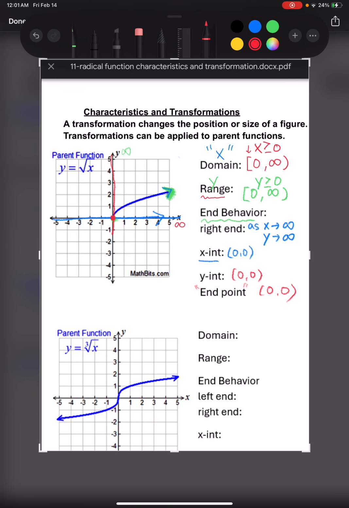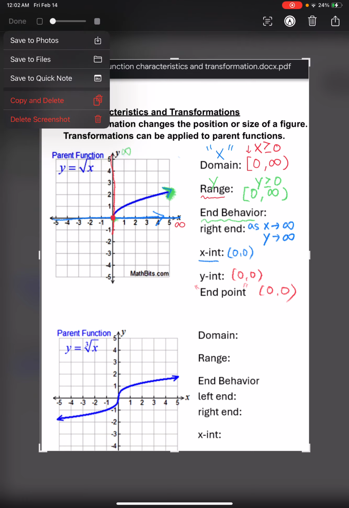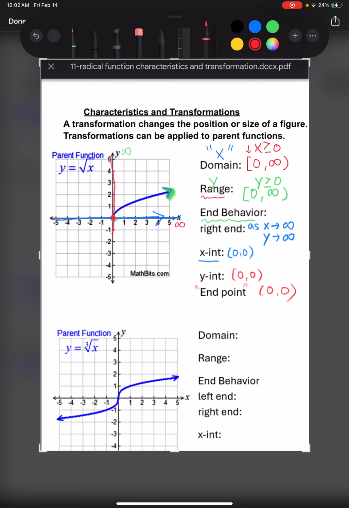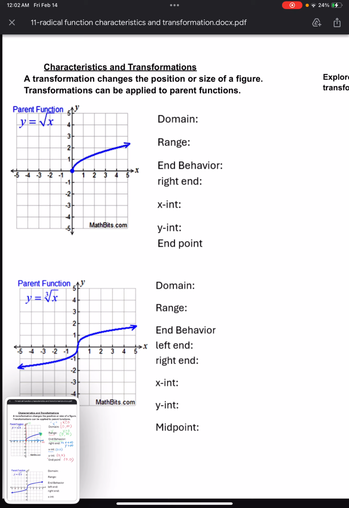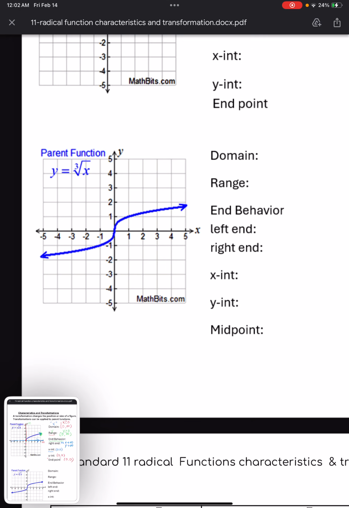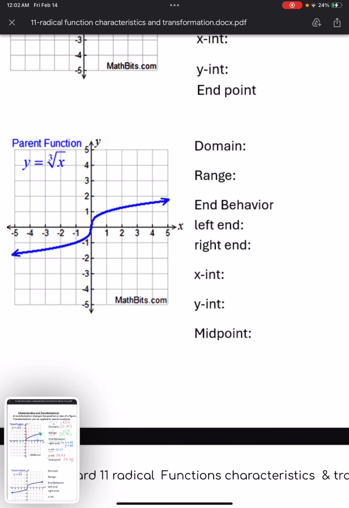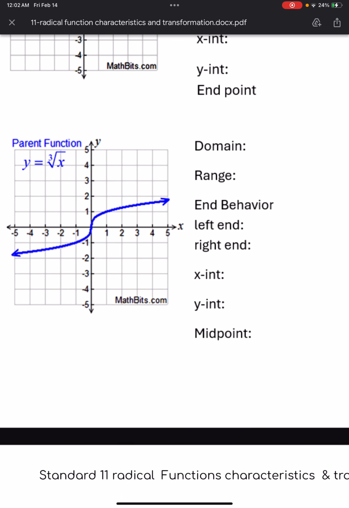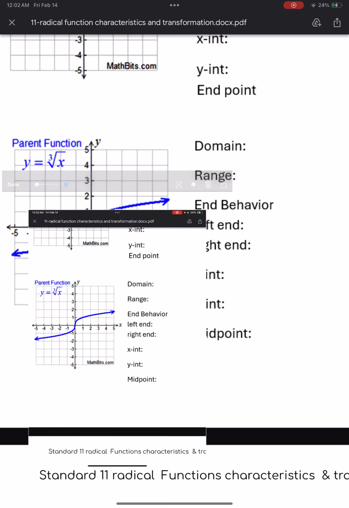And then we're going to talk about the cube root function, the parent function. So I'm going to go down a little bit. And then we're going to talk about this. Again, we're going to talk about domain, range, and behaviors.